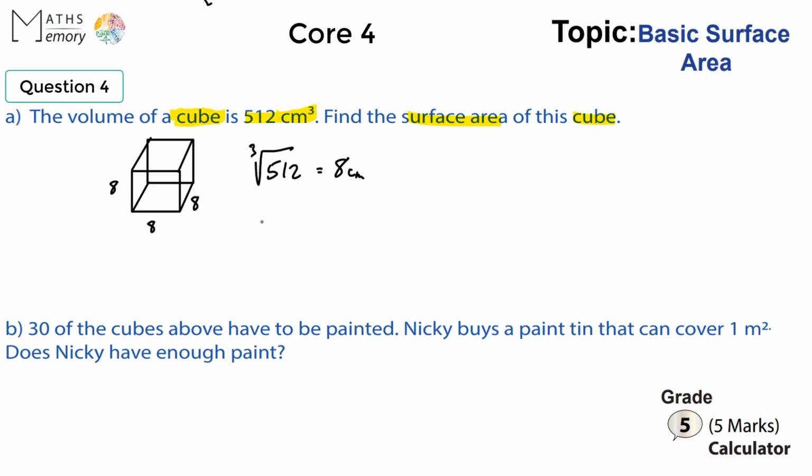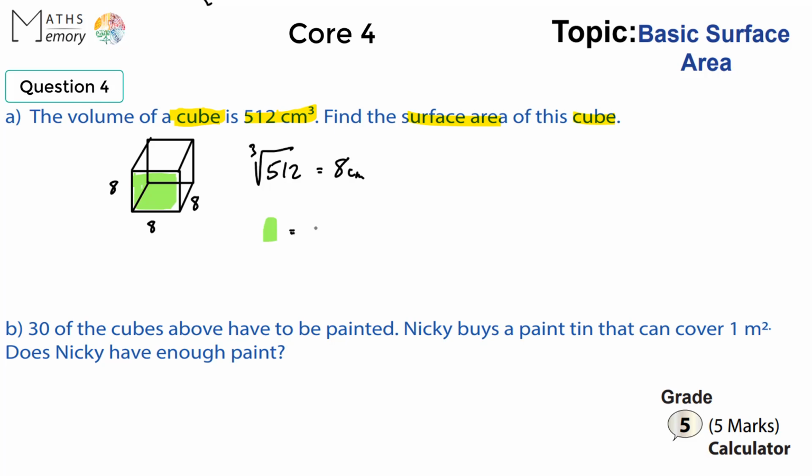Let's move on to the next part of this question, the surface area. Once you've got that, let's figure out the total surface area, which involves 6 faces. Let's work out the area of one face first, like we've done before in similar questions from this topic. So let's take this green bit to be the area of one face. This is obviously a square.